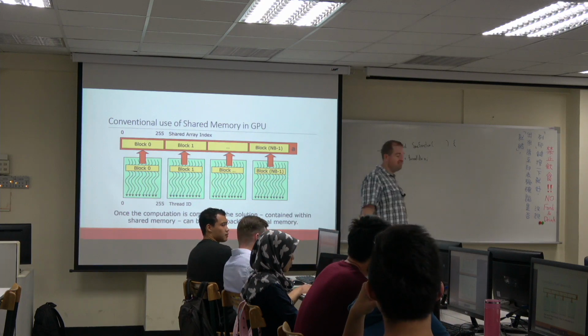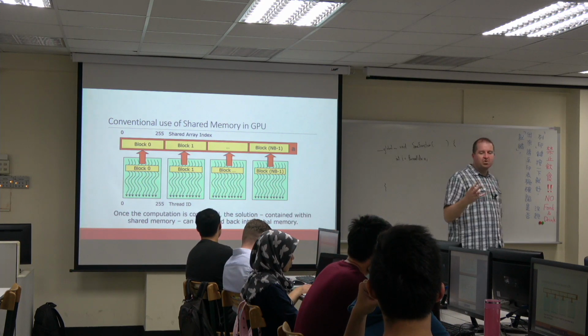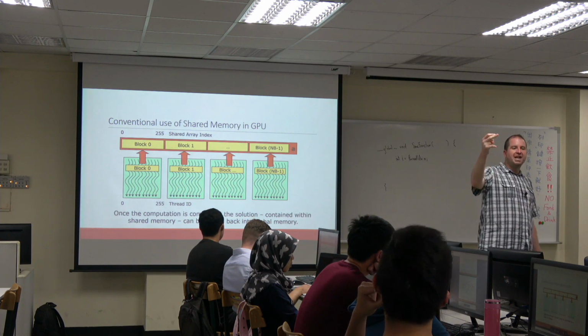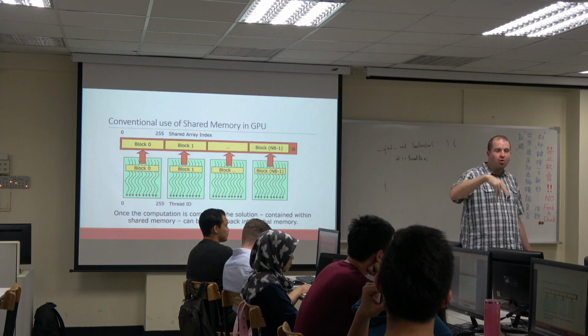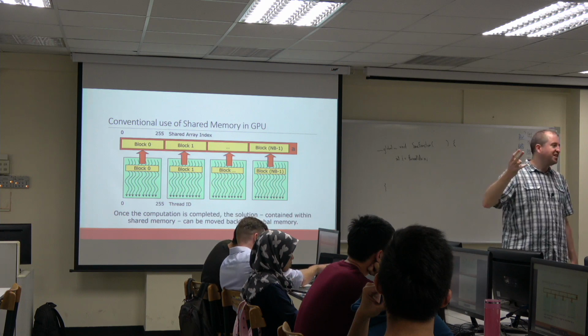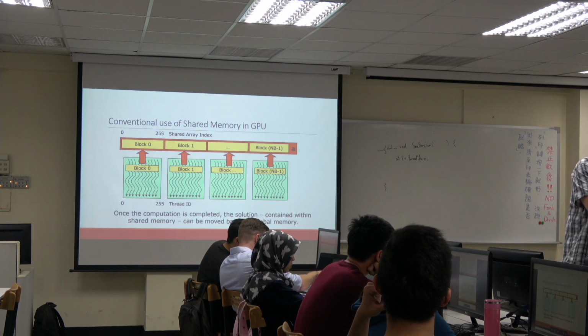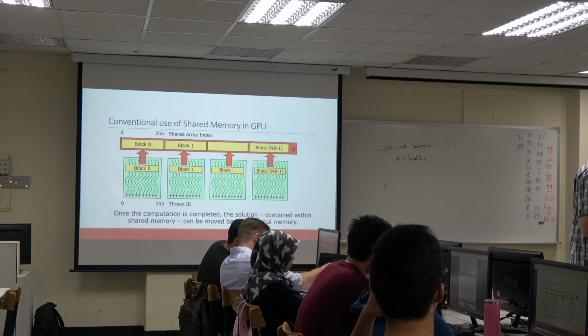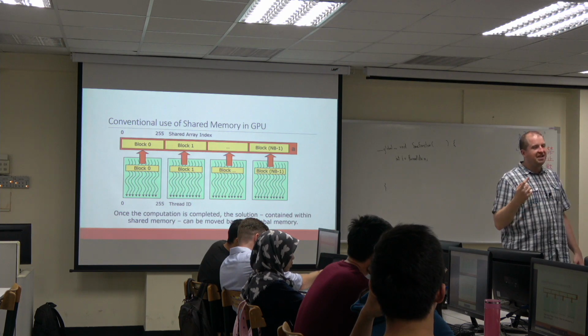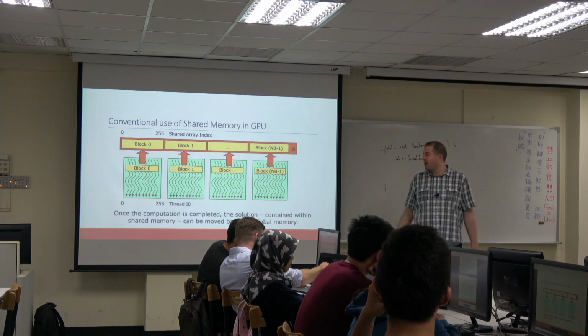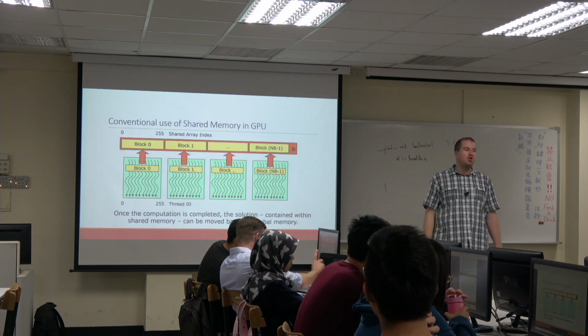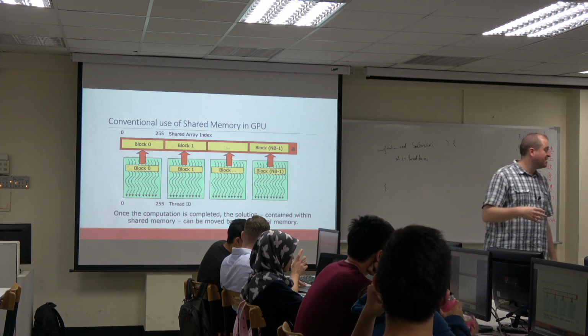So theoretically, we actually have 2 extra jobs: one is we have to copy the global data to the shared memory, and after running the computation we have to copy back. So actually, you can see here, using GPU, we need to be very conscientious of how we copy data. In this case, we have 2 copies. We copy from the host to the GPU, and when we run the computation, we copy from global memory to shared memory.